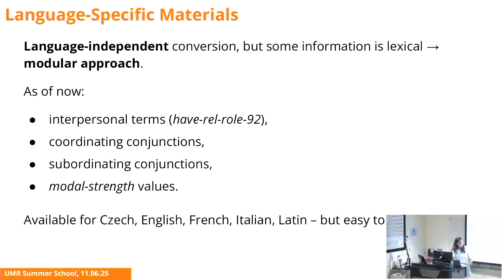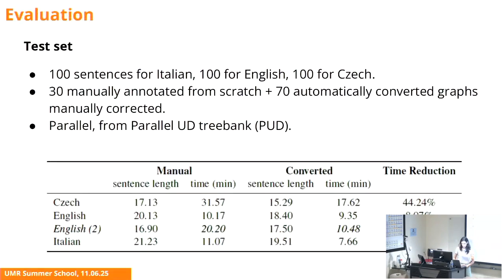Coordinating and subordinating conjunctions can be used to disambiguate discourse relations. And then, in the same way, we also assign some modal strength values. These lexical resources are now available for these languages, Czech, English, French, Italian, and Latin. But really, they're really simple and can be easily prepared for any other language.